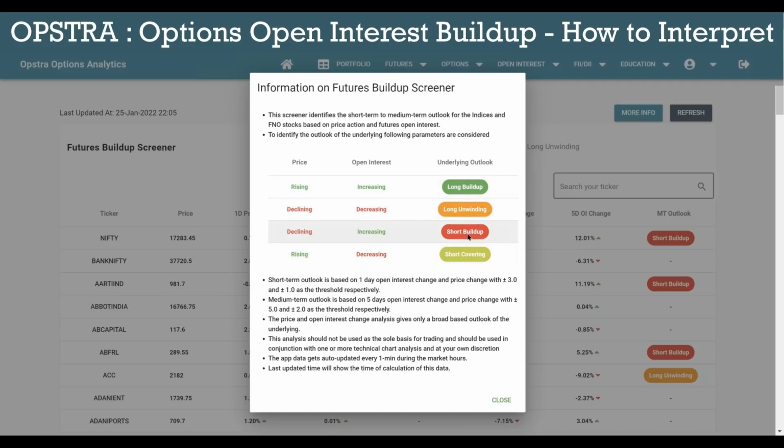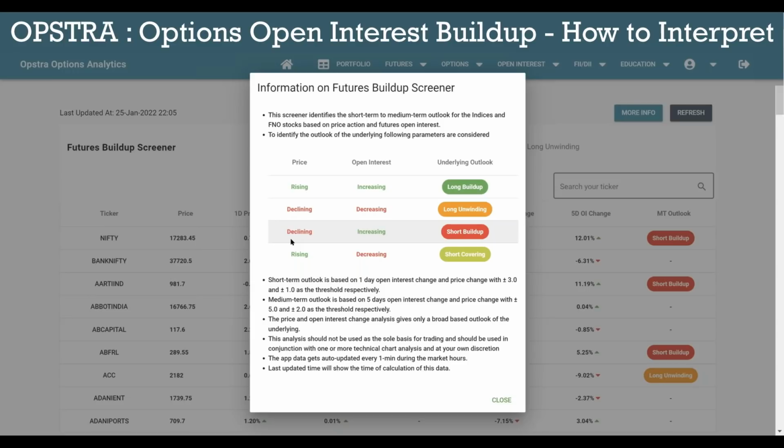Now let's come to short build-up. It is when the open interest increases but the option price decreases. Let's say option sellers are bullish. For an option seller who is bullish, the move is to sell put options, so that they can get the premium, because the premiums of put options decrease if the market goes up.